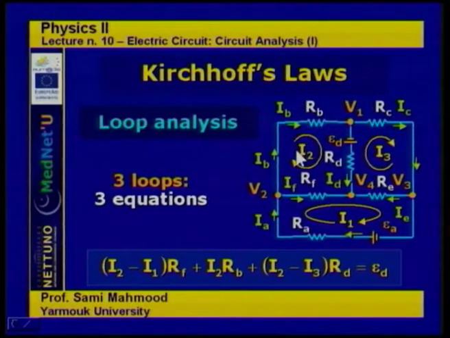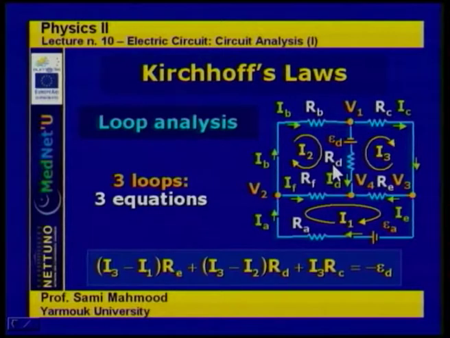Now, plus I2 times RB plus I2 minus I3 times RD, and that's equal to the total electromotive force, which is epsilon D in this loop. This is the second equation.